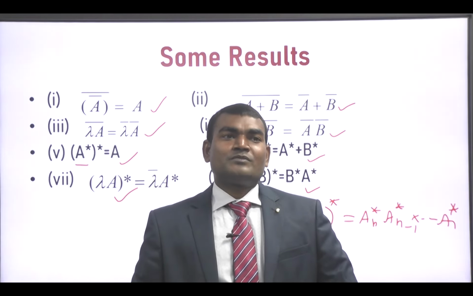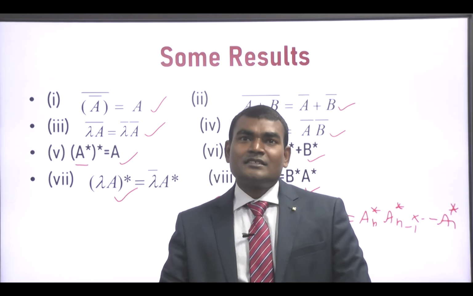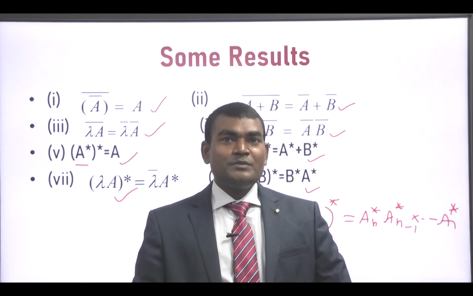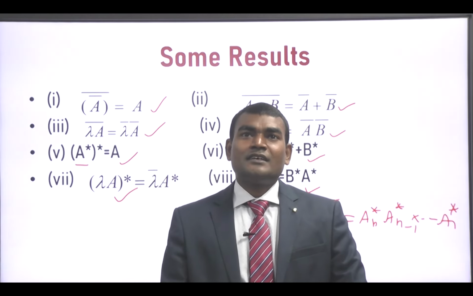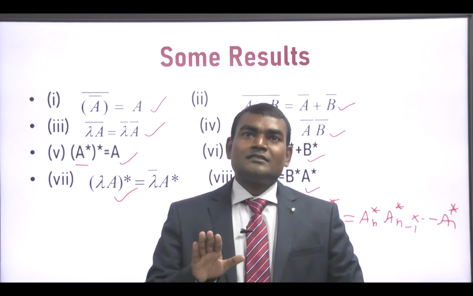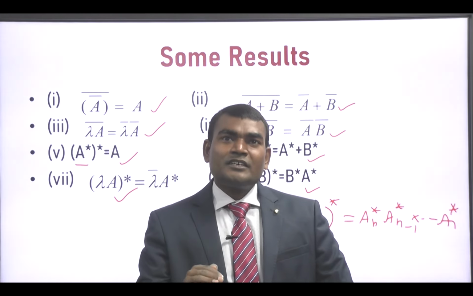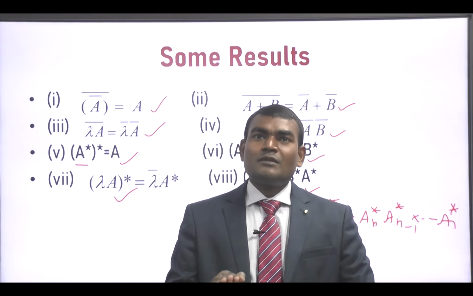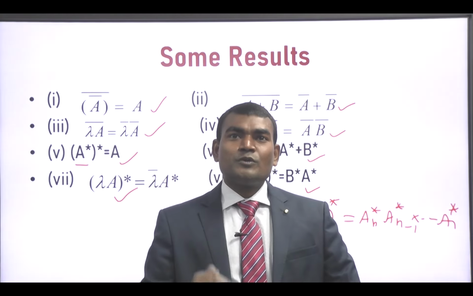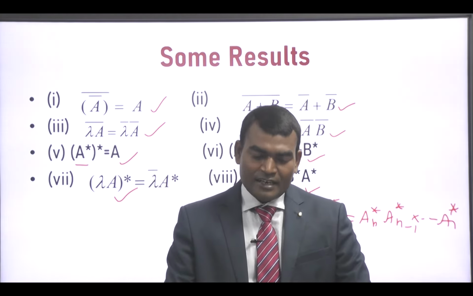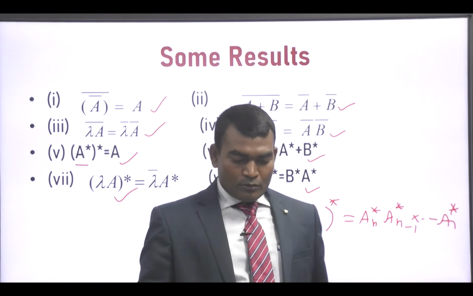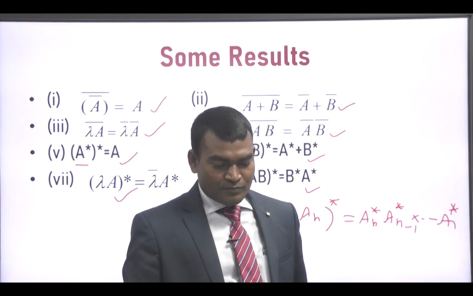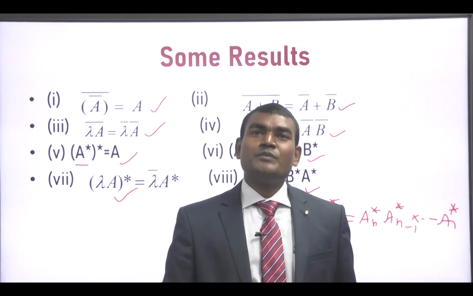In the addition case this is also correct: the conjugate transpose of A plus B is the same as the sum of the conjugate transposes of A and B. And A into B whole star is equal to B star into A star.